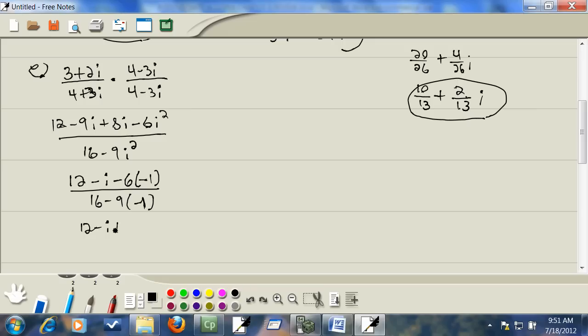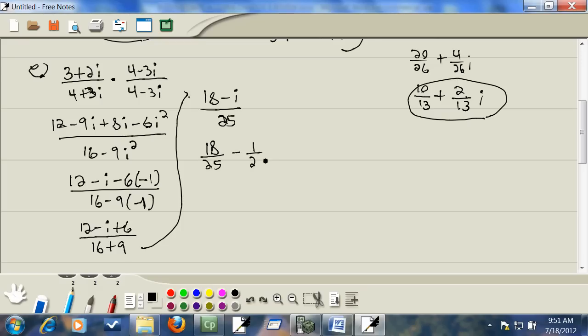Negative 6 times negative 1 gives us a positive 6. And negative 9 times negative 1 gives us a positive 9. Well, 12 plus 6 is 18. Minus i over 25, 16 plus 9. Split this up in a real part separate from the imaginary. So I got 18 over 25 minus 1 over 25i.